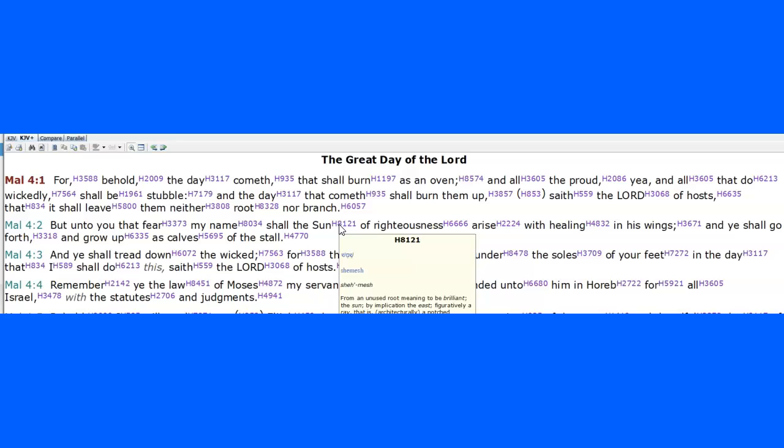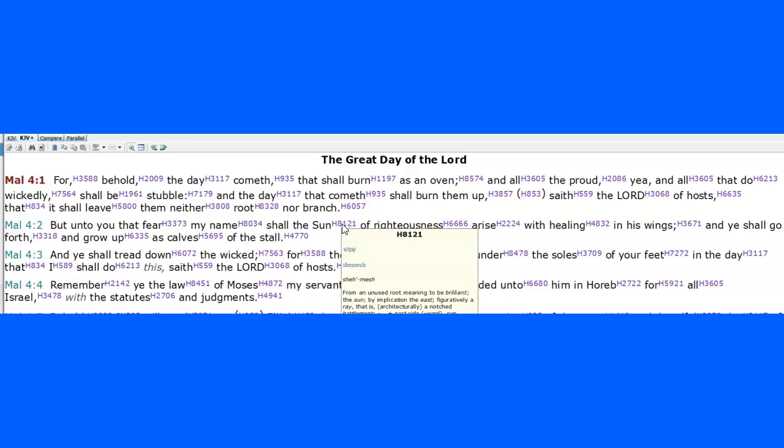The sun, by implication the east, figuratively a ray, that is actually a notch battlement eastward. It's the sun. Some call it a star in the Shemesh, but the word S-O-N has nothing to do with this.